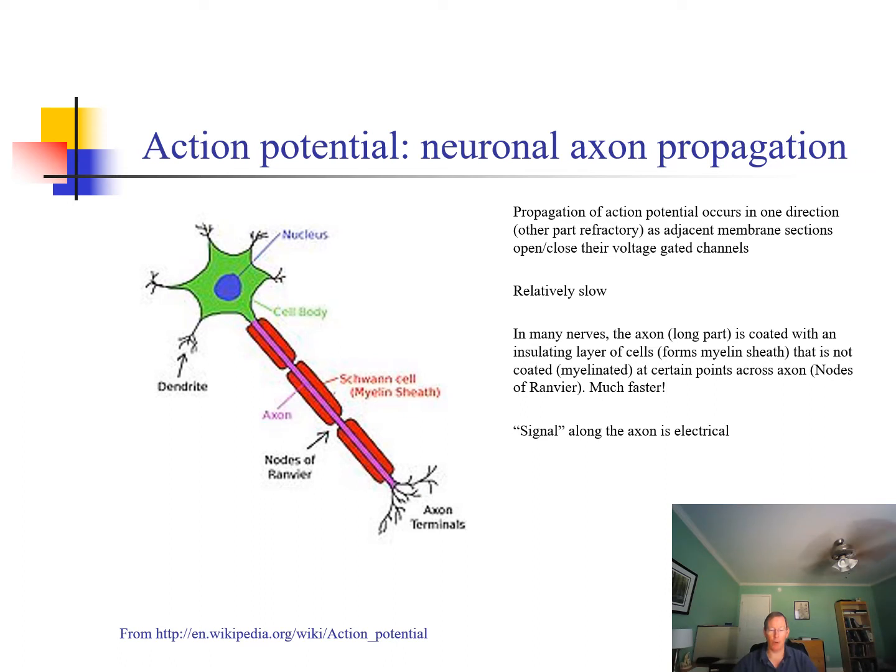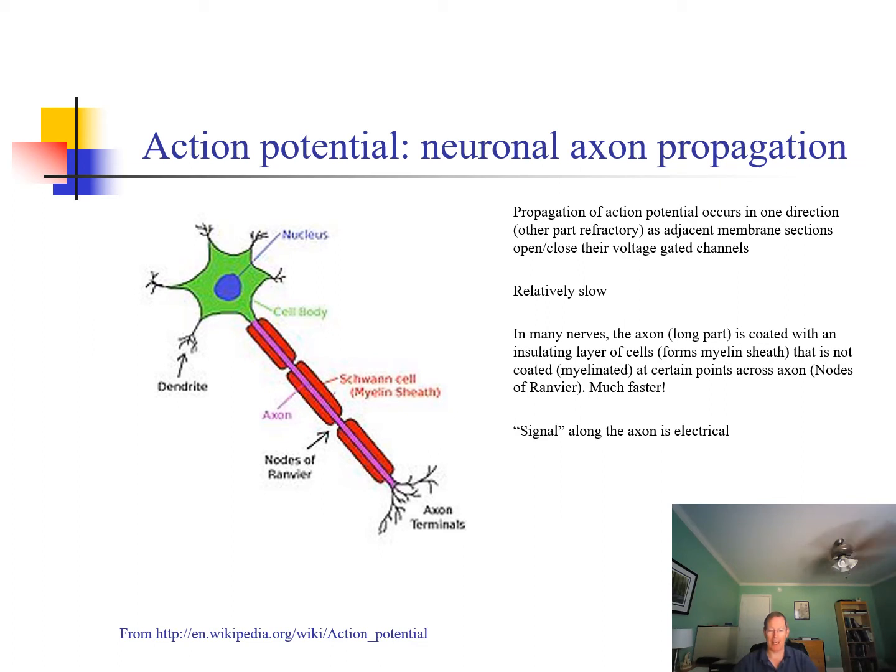And so one of the big functions of these glial cells, either the Schwann cells in the peripheral nervous system or the oligodendrocytes in the central nervous system, is to myelinate, or create an insulating fatty layer that is sheathing those neurons. And there are gaps between these glial cells that are called nodes of Ranvier.